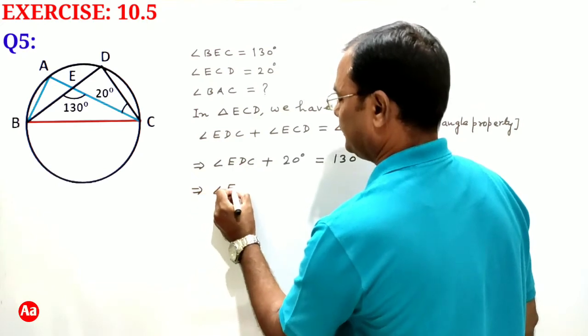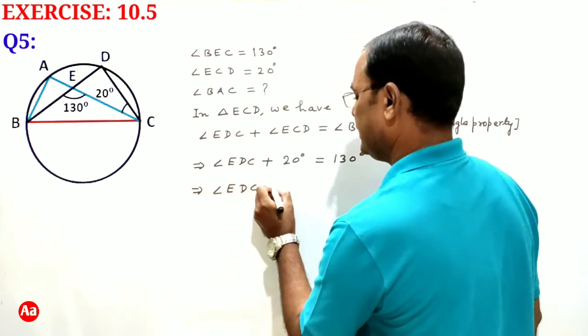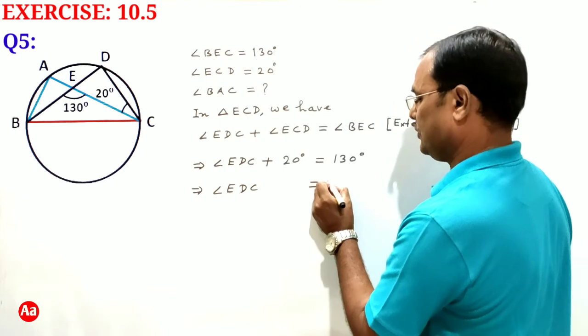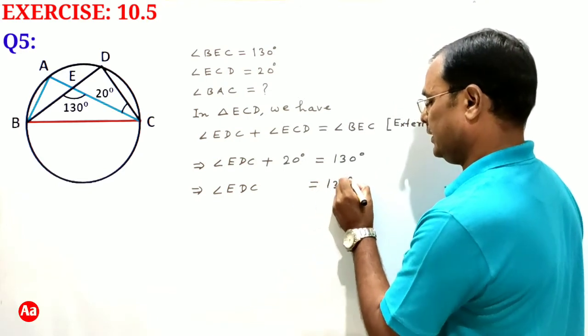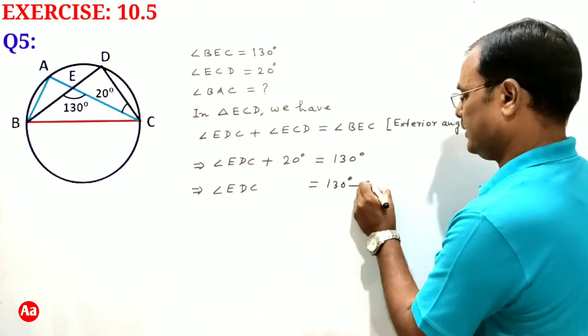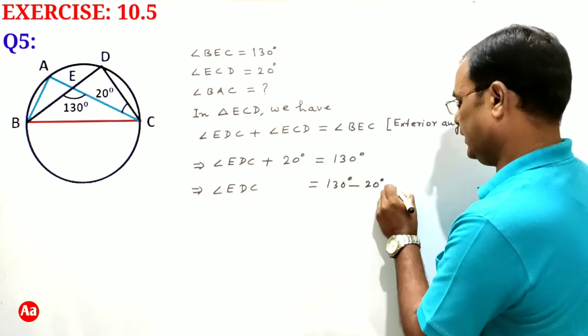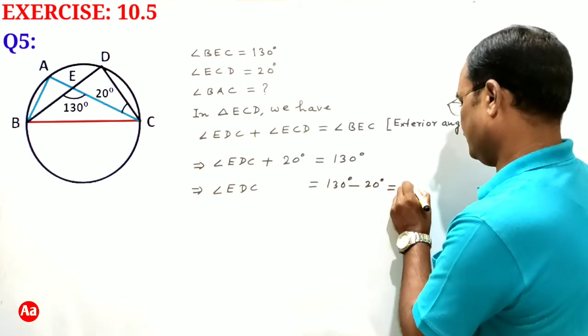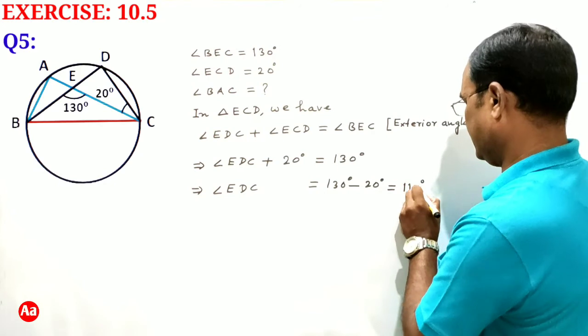So angle EDC is equal to 130 degrees minus 20 degrees, which is equal to 110 degrees.